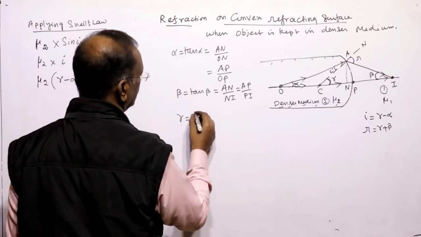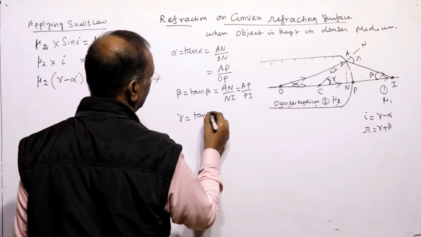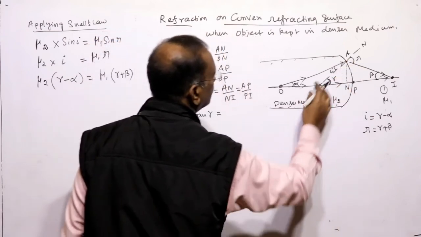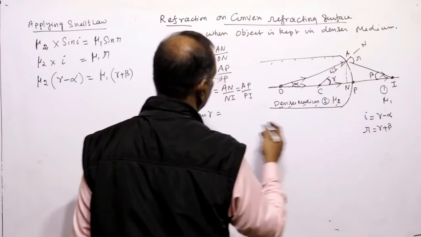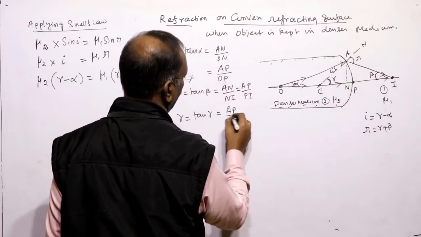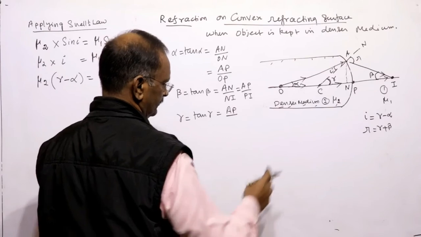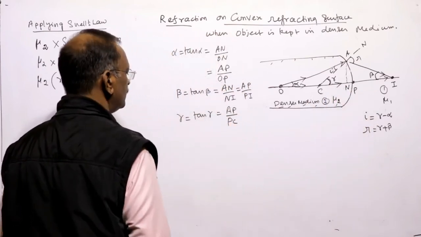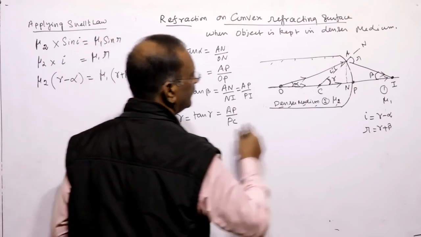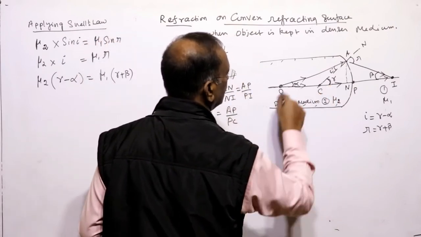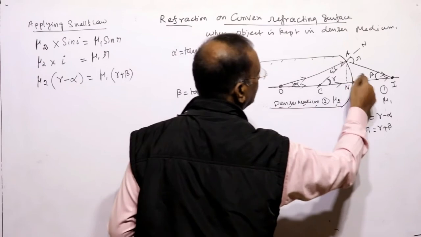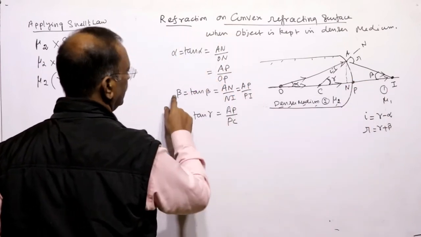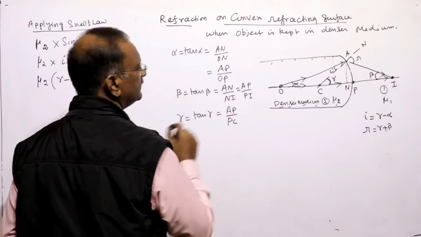Similarly, tan gamma, gamma is in this triangle, and instead of writing AN, we can straight away write AP divided by NC or PC. Very easy to remember: gamma goes with C, alpha with O, and beta with I.